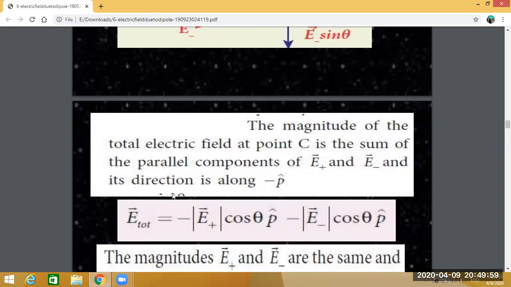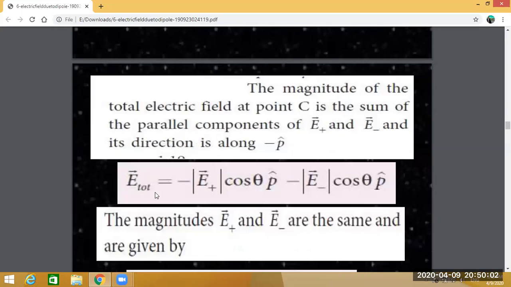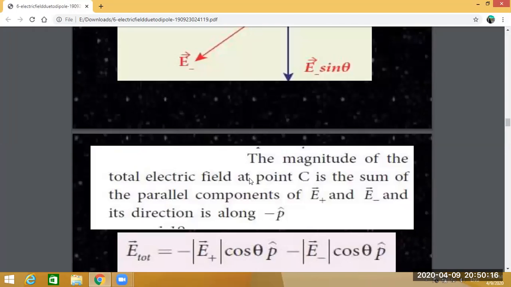Hence, in the vector sense, we can say that the net electric field at point C is equal to the sum of the two components. This is also negative and this is also negative. Why negative? So try to understand here.